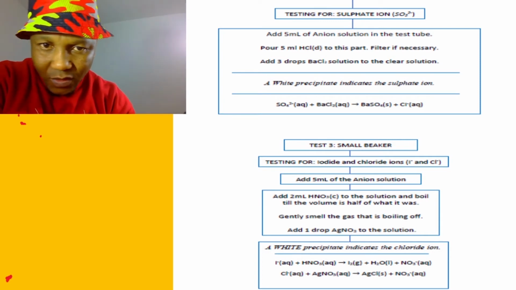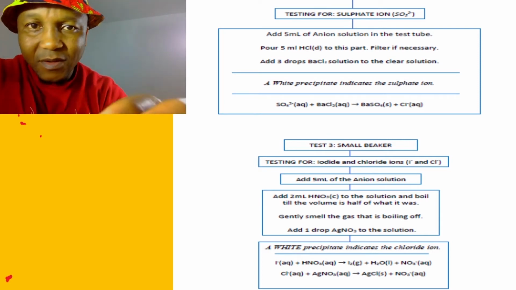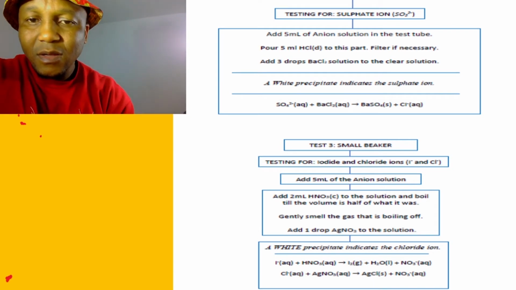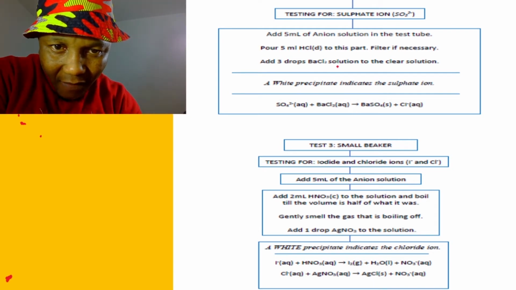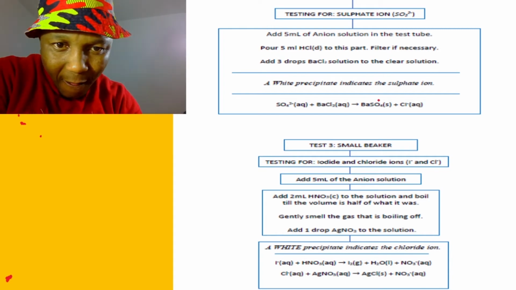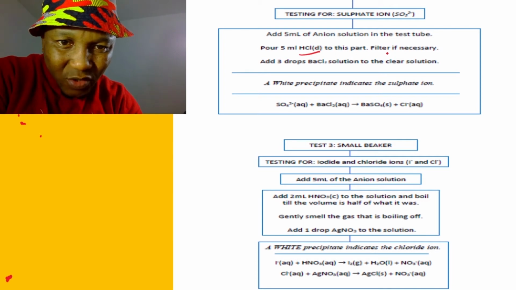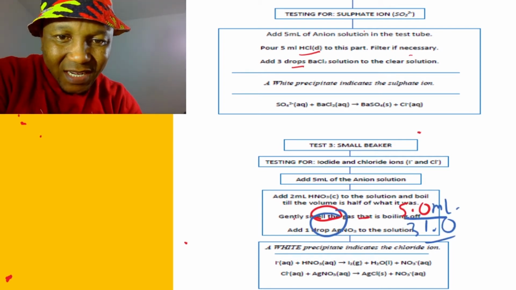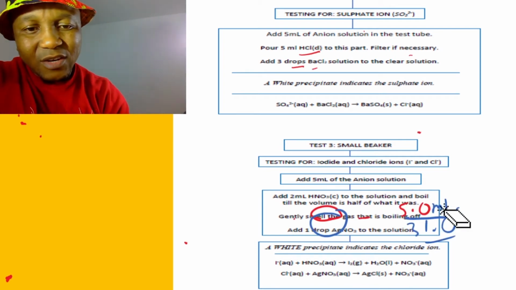Okay, so then we say here, and then we say, so we're gonna pass sulfate, okay. So then we're gonna pass through there. You add hydrochloric acid to this part and filter if it's necessary. 3 drops of barium chloride, 3 drops.